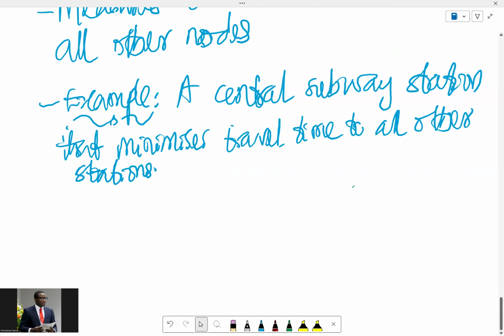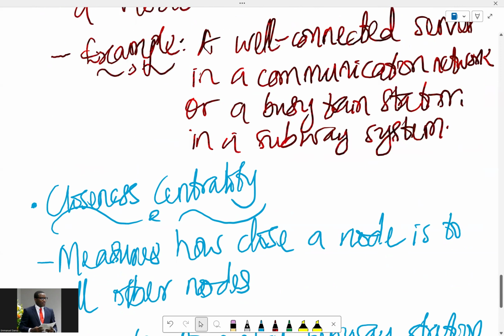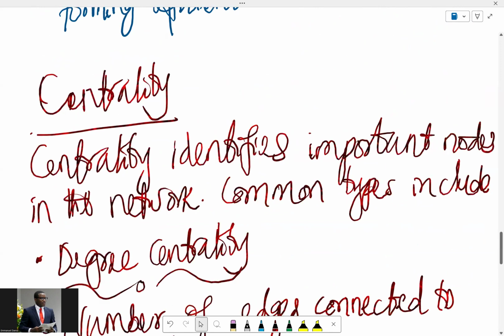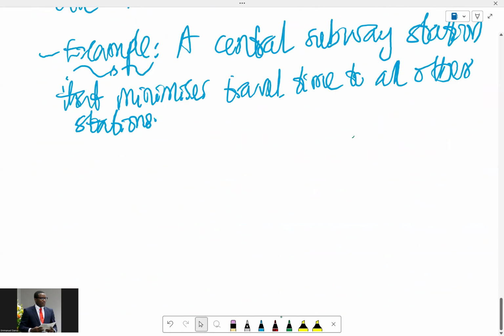Then we also have the betweenness centrality. All these are under centrality.